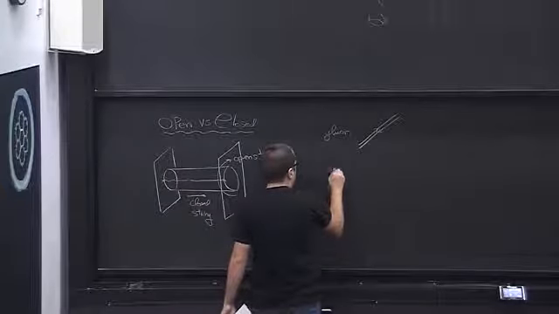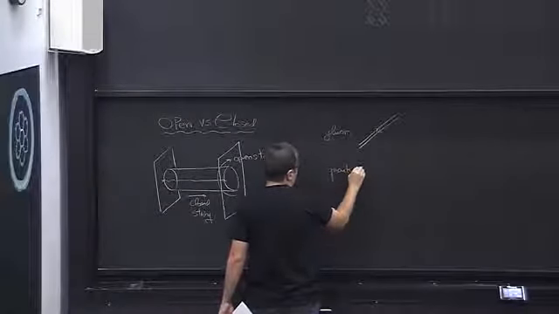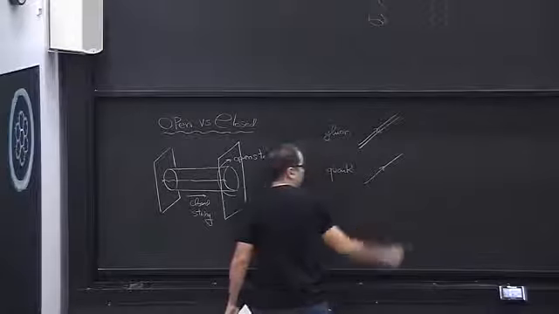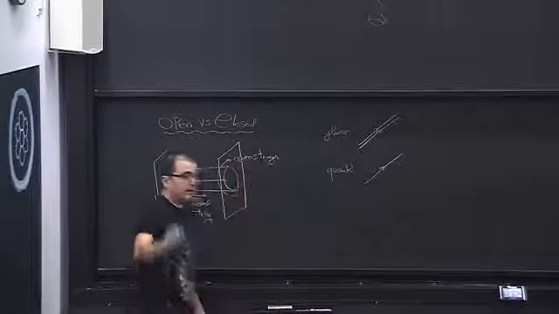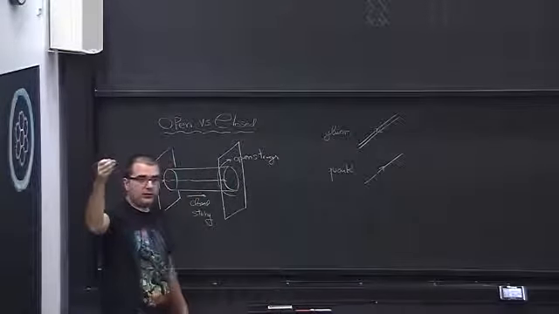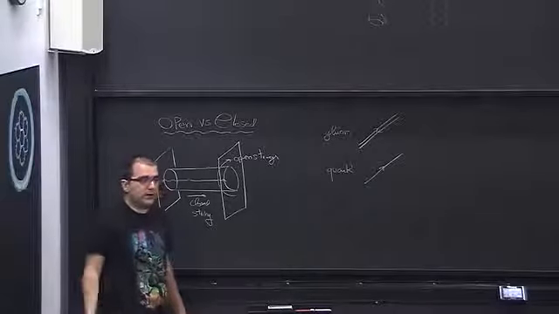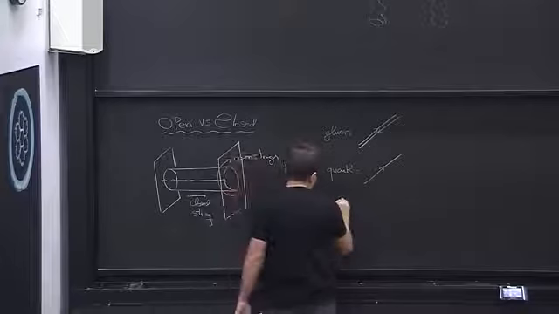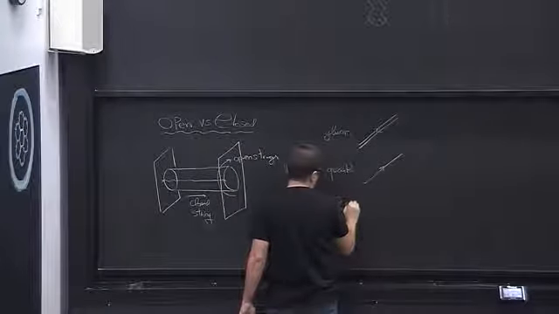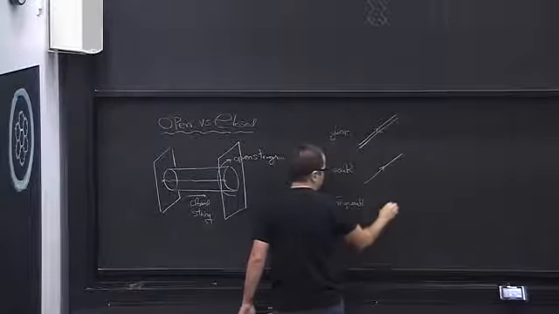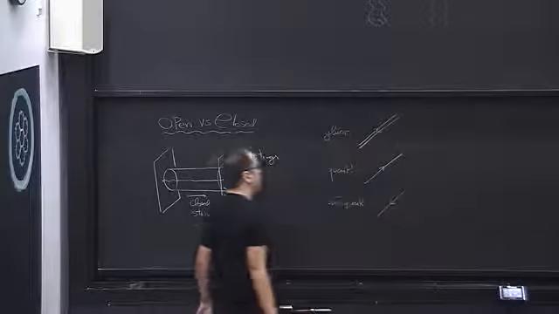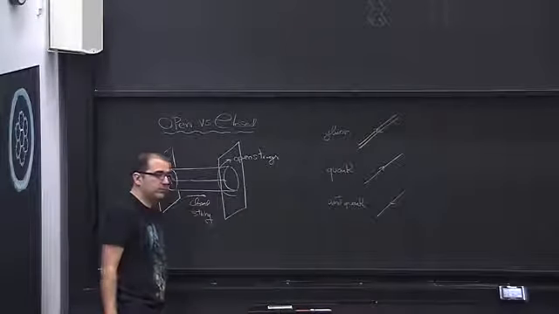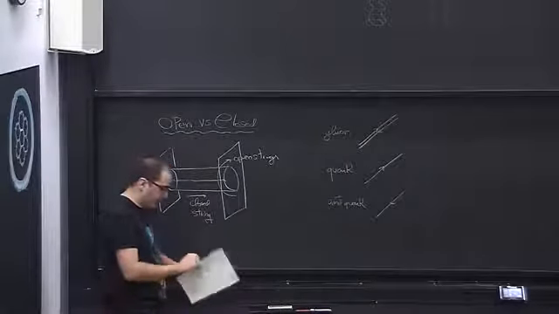But the quark we describe by a single line. A quark is just a vector transforming in the fundamental of SU(N). It has one index, it doesn't have two indices like the gluon, right? And an anti-quark, well, it has the index down instead of up, so it would be drawn like a picture with an arrow in the opposite direction. Okay?